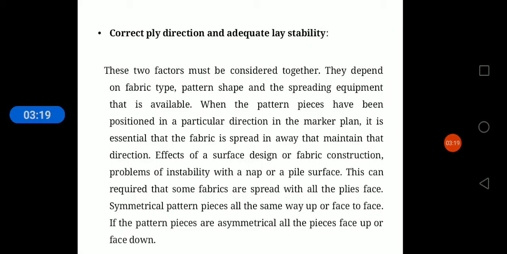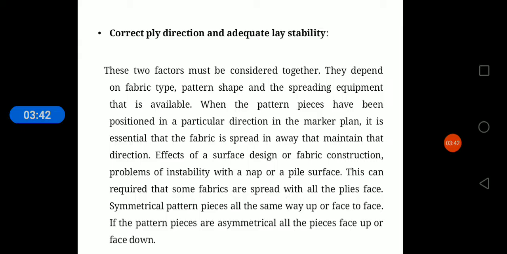Effects of surface design or fabric construction, and problems of instability with a nap or pile surface, can require that some fabrics are spread with all piles facing symmetrically, pattern pieces all the same way up, face to face. If pattern pieces are asymmetrical, all pieces face up or face down.